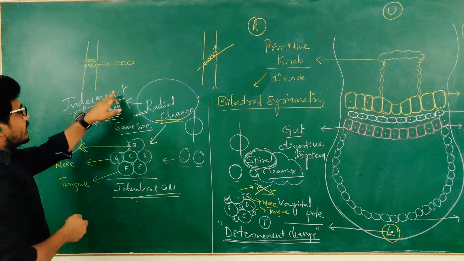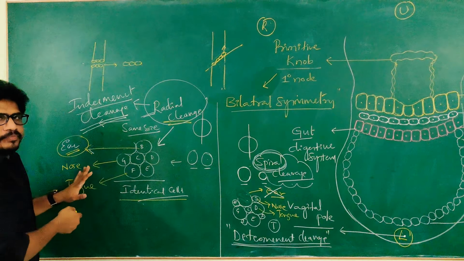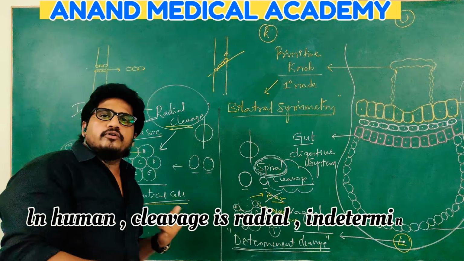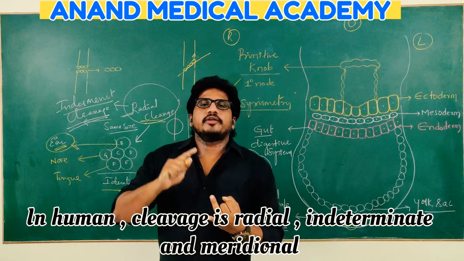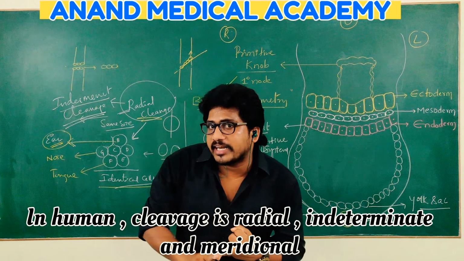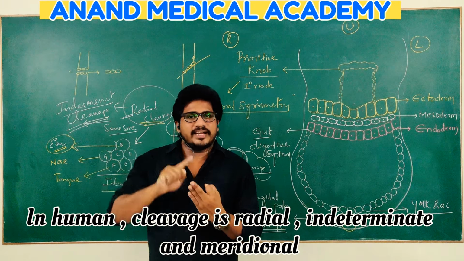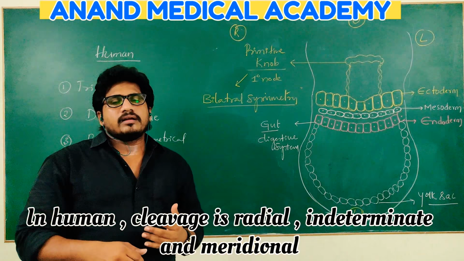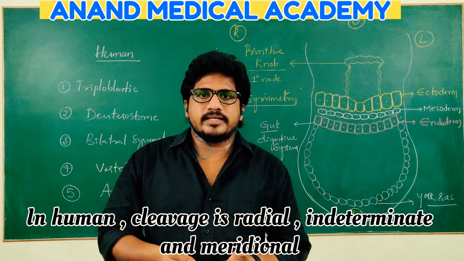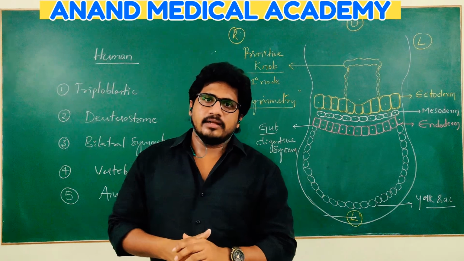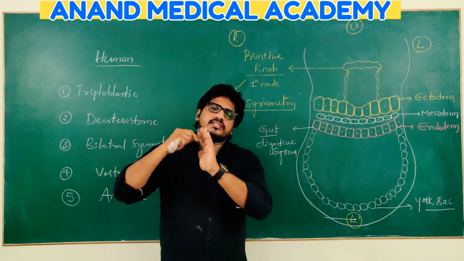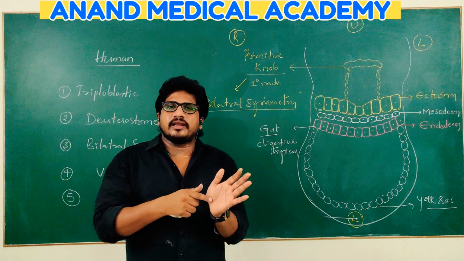Whereas indeterminate cleavage doesn't produce handicapped births. You know the reason also. Human cleavage is indeterminate cleavage, and human cleavage is radial cleavage. Understand? Here I would like to tell you some important points which you already learned in the first year animal kingdom, and how such points are connected to human embryogenesis.